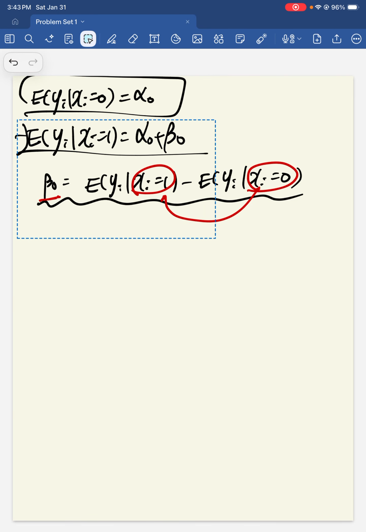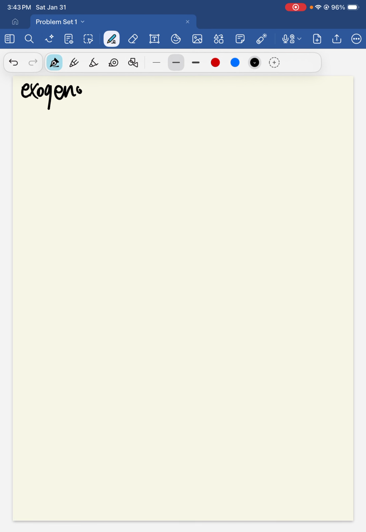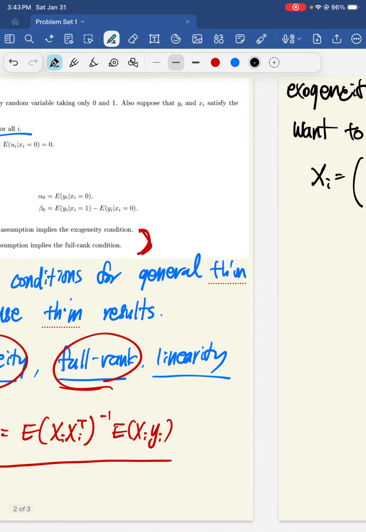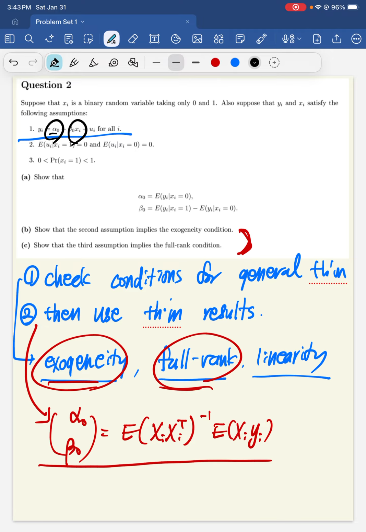Erase everything. Okay, so first, the exogeneity condition. It's pretty simple. We want to show the expectation of xi ui is 0. By the way, here x is confusing, but xi should be interpreted as (1, lowercase xi), because we have two parameters.